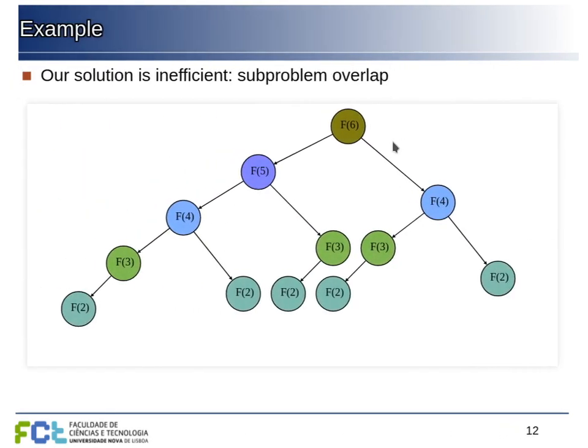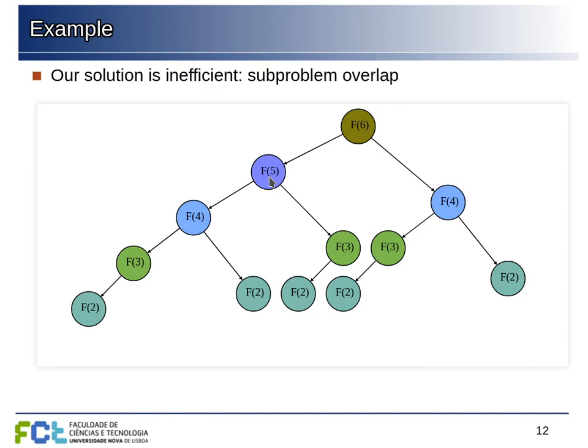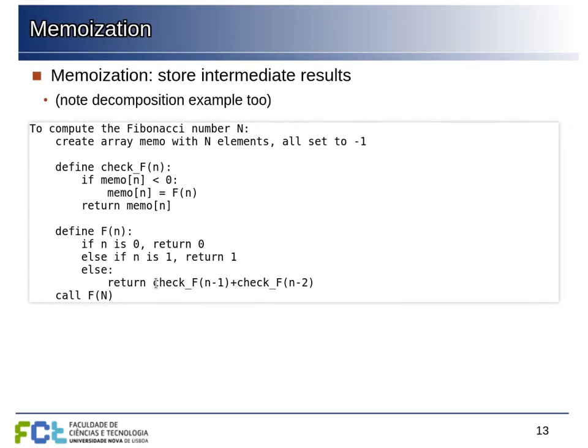In the first time, this will try to compute f5. And as it tries to compute f5, it will call f4 and f3, and then f2, and so on. Each time it calls one of these, it will store it in the array. After storing, it will return the value in the array.